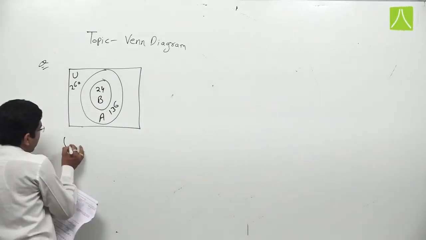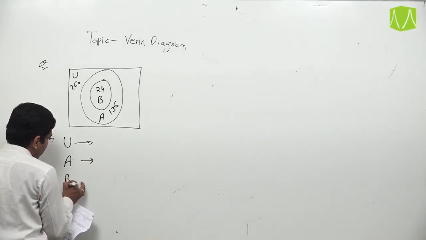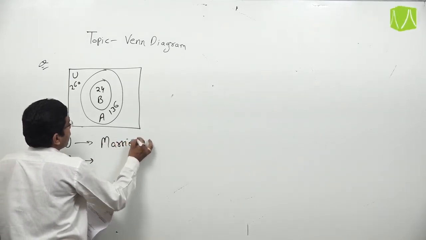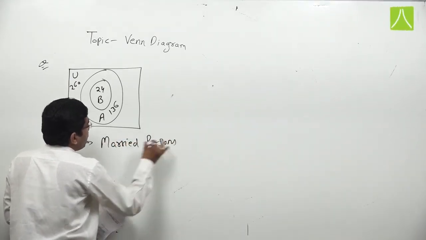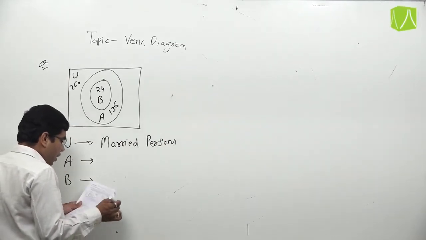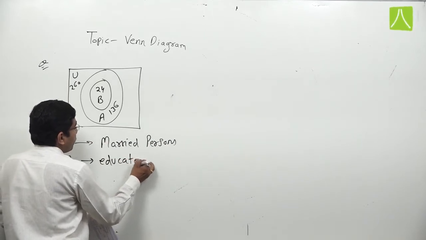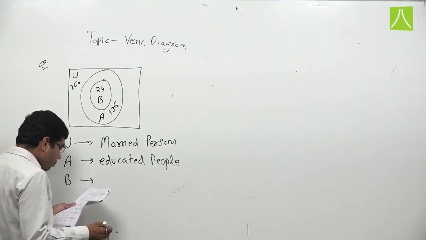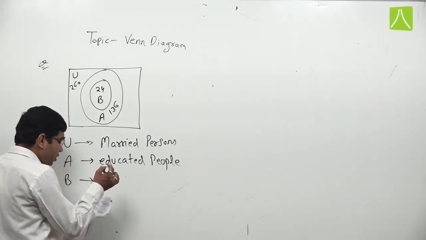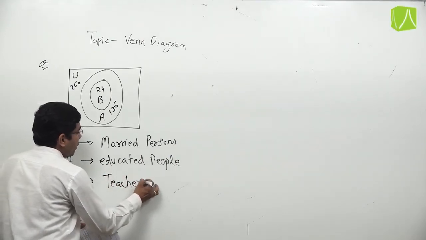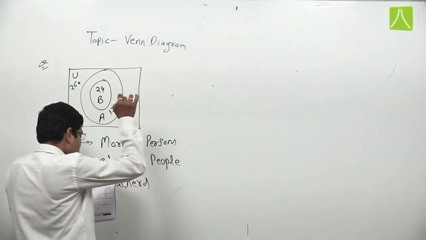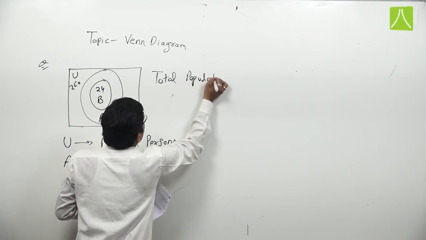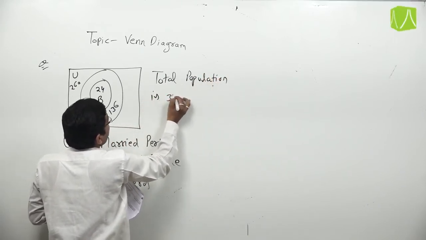U represents married persons, A represents educated pupil, and B represents teachers. The condition is that the total population is 300.